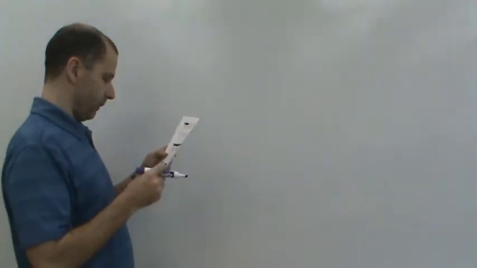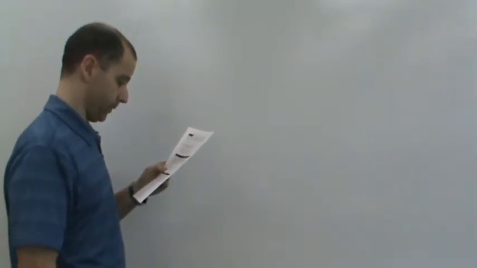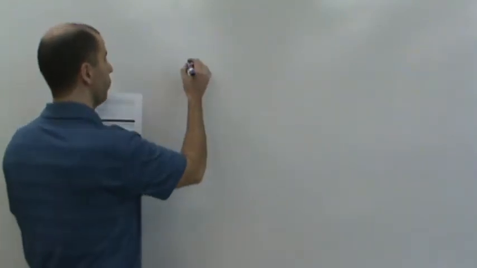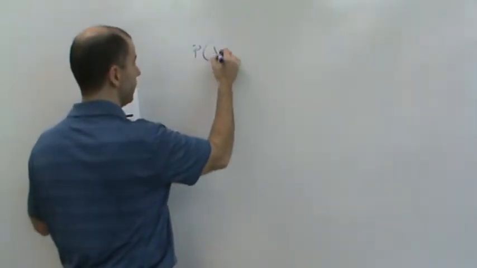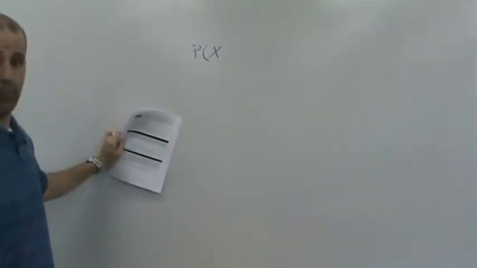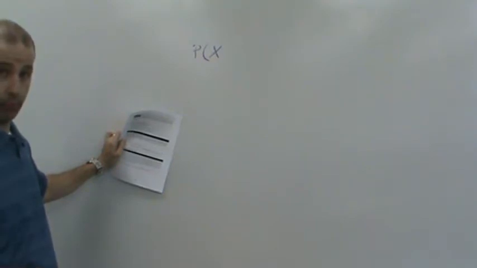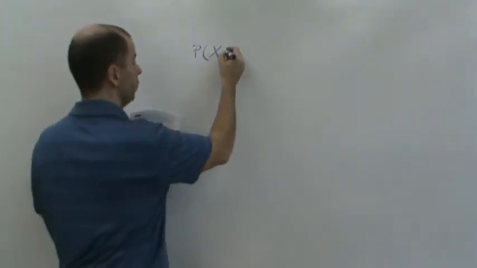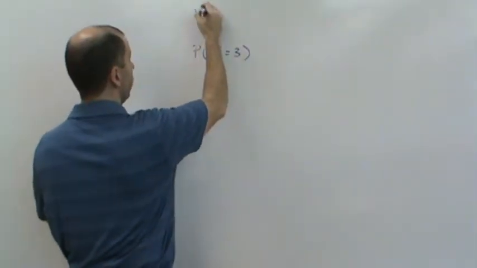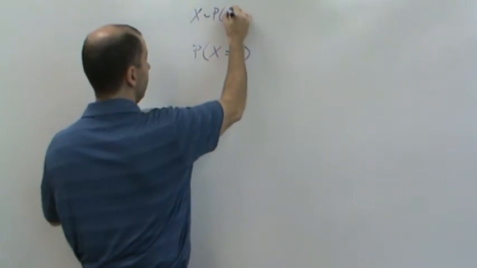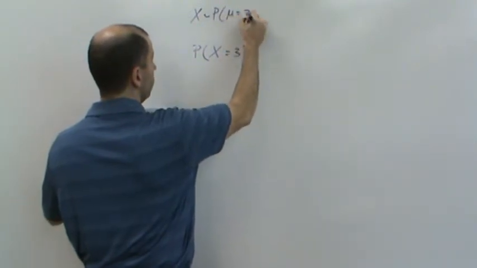It says, what is the probability that the number of loaves selected randomly put on the shelf in 5 minutes is 3? So we want to find the probability that the number of loaves put on the shelf randomly within a 5-minute period of time is 3. So x is equal to 3. We know that x is Poisson with mu equal to 2.